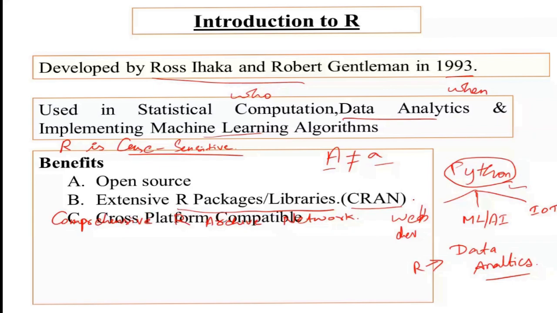So the third one is cross-platform compatibility. This is supported on Windows, Mac and Linux operating systems. And it is similar to other programming languages. If you have some programming knowledge of C and Python, it will be like a mixture of all when you look at the syntax and other things.